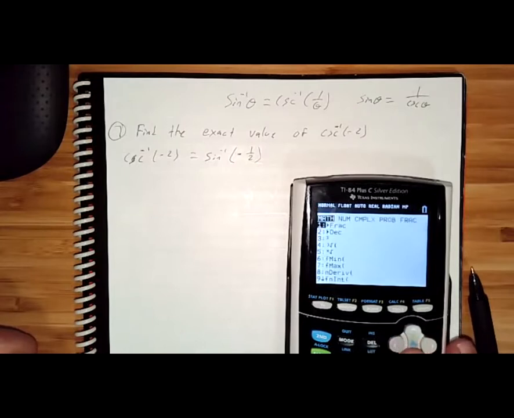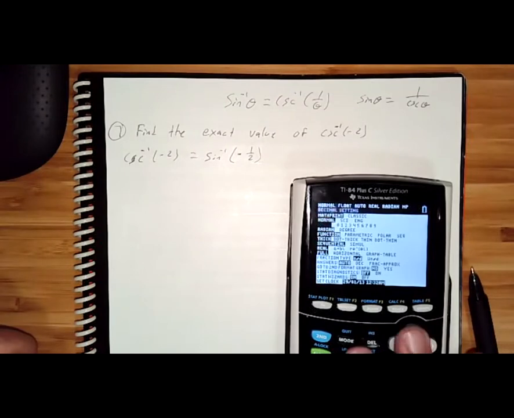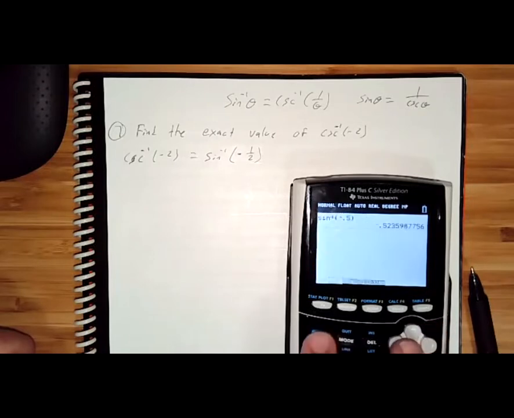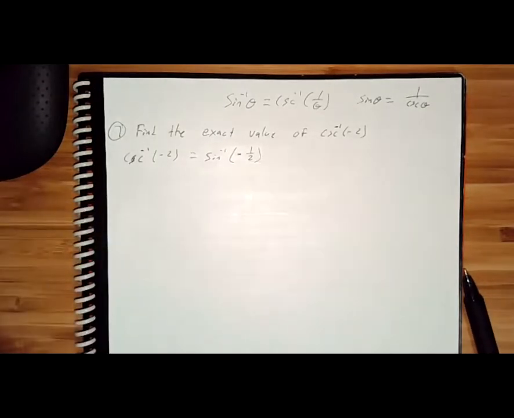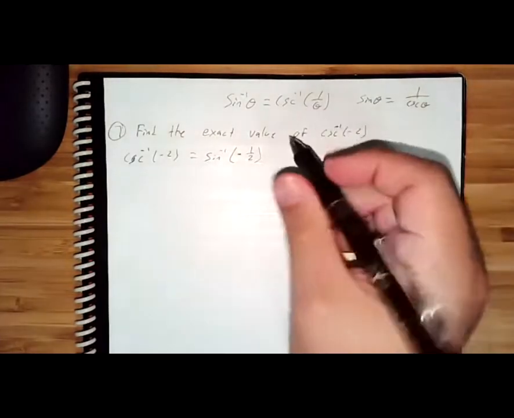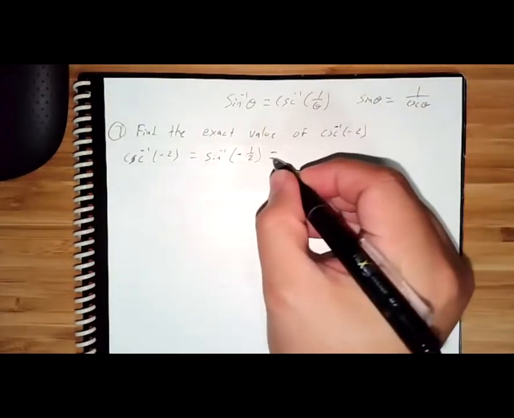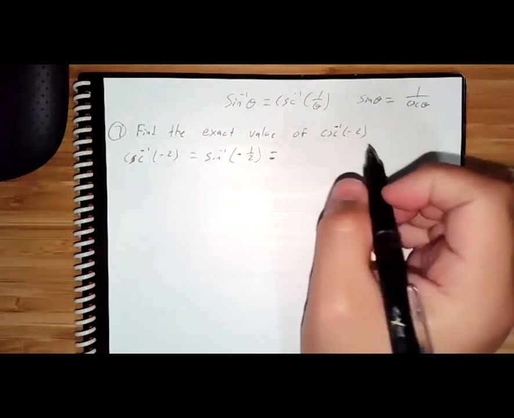Let's see what that is. Negative 30. So remember that sine inverse is defined, the range is defined between pi over 2 and negative pi over 2.